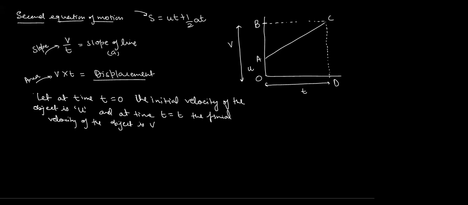At t equals t, we know that the final velocity of the object is v. Okay, this is the same statement that I have written previously.